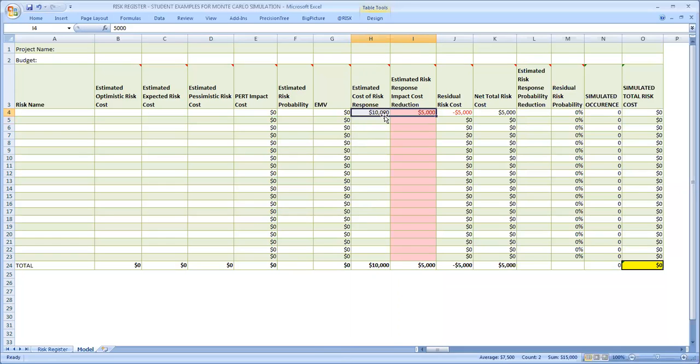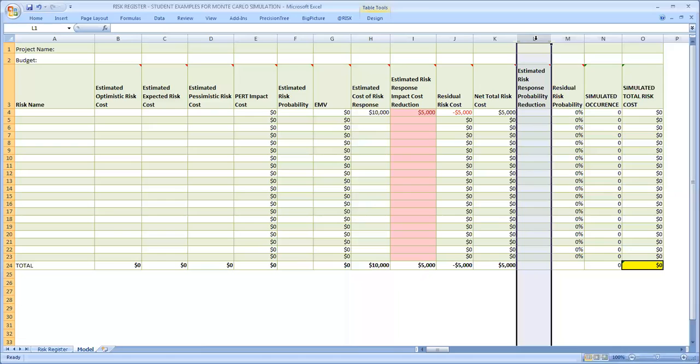The only way that would make sense is if I looked at the column L information, which is the estimated risk response probability reduction. This is the column we would use as risk management experts to determine if that risk response would in fact reduce the probability of the risk.